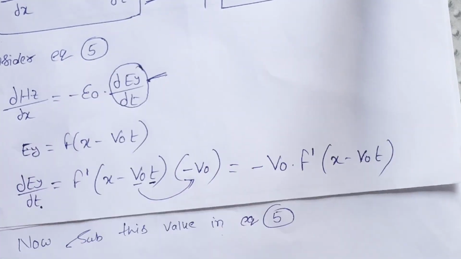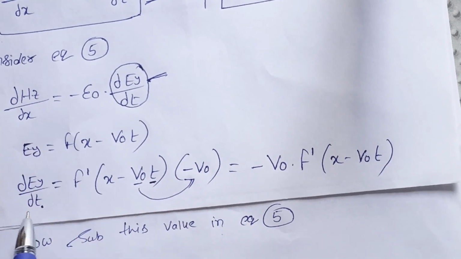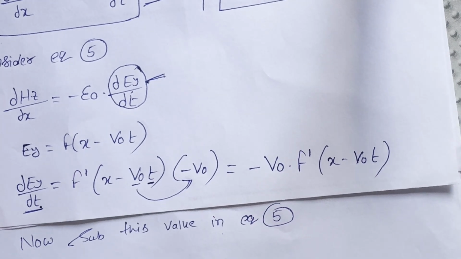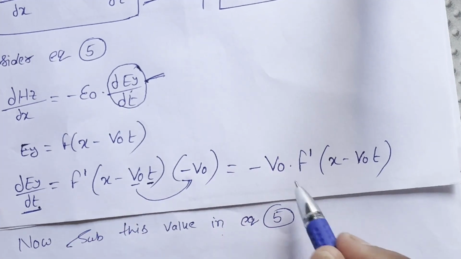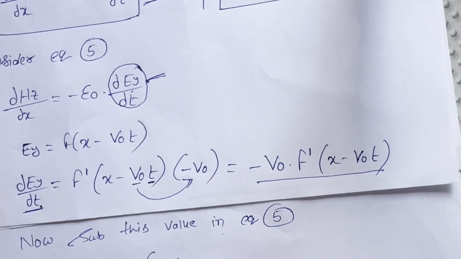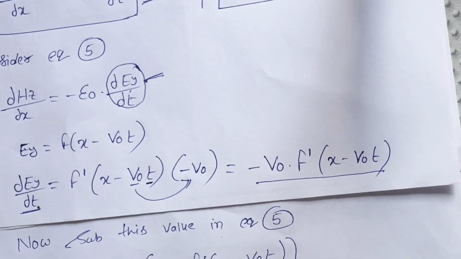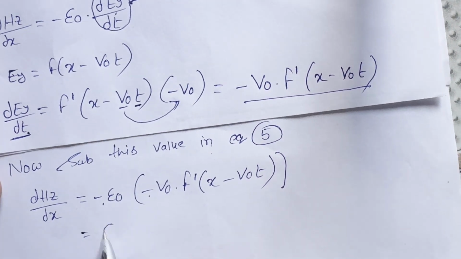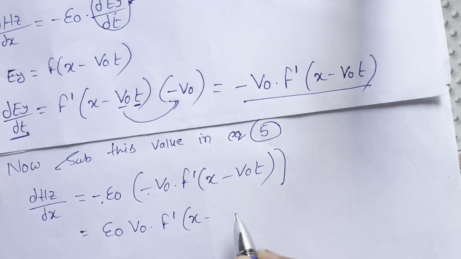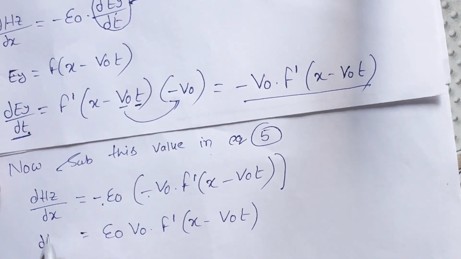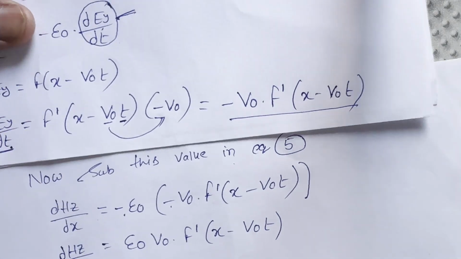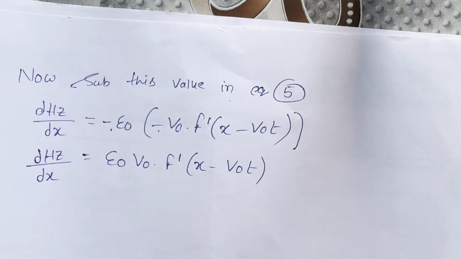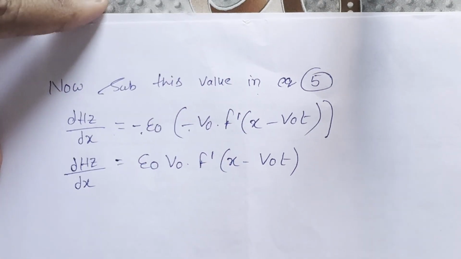Then ∂Hz/∂x equals -ε₀, which already existed there, times the value of ∂Ey/∂t, which is -v₀ f'(x - v₀t). So we get plus ε₀ v₀ f'(x - v₀t). That is the value of ∂Hz/∂x.